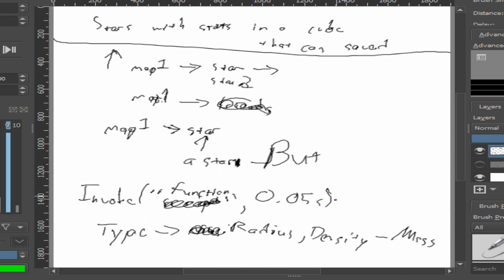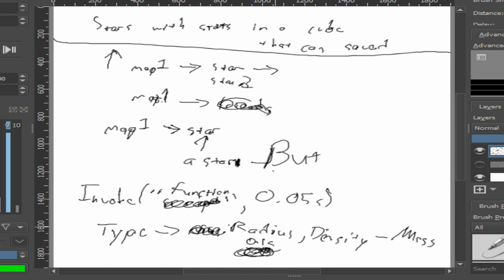between 0.05 seconds of the first, let's say, type, like the star runs for 0.05 seconds, sorry, I'm doing a terrible job of explaining this, but 0.05 seconds passes, type is called, let's say, and then after let's say 0.1 seconds, radius and density are called.